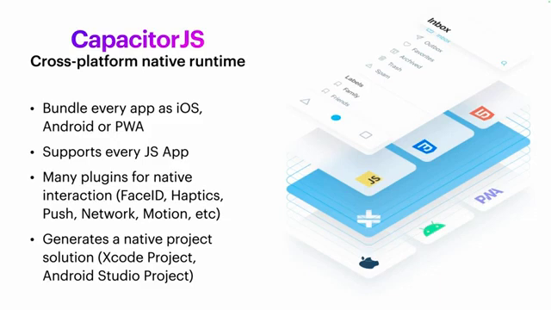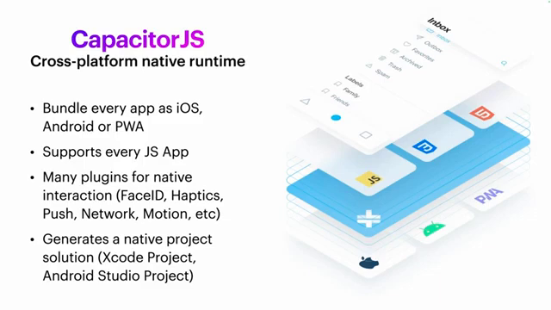It supports every JS app, not only Ionic, so you can use, for example, your React application with Tailwind CSS, or any other UI framework or front-end framework which you want to have run on iOS and Android. You can also use Capacitor for it. It ships with many native plugin integrations.